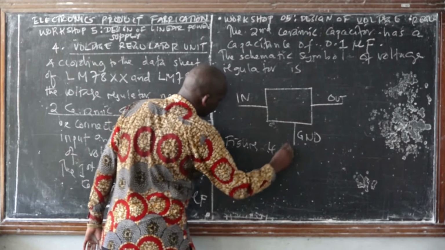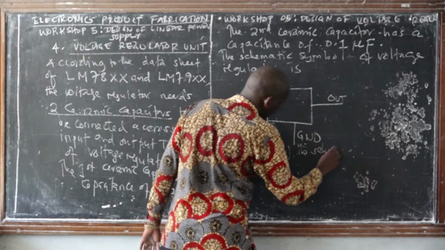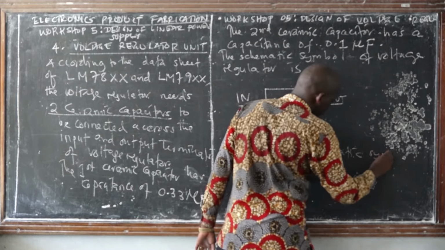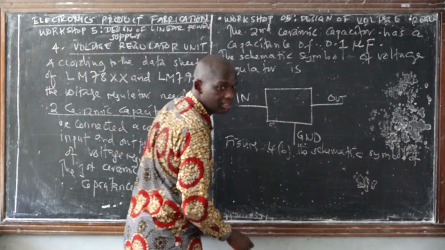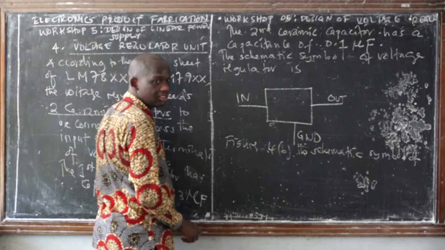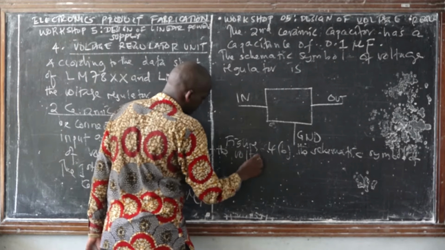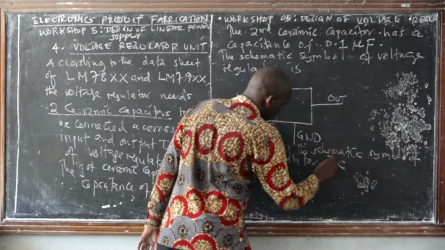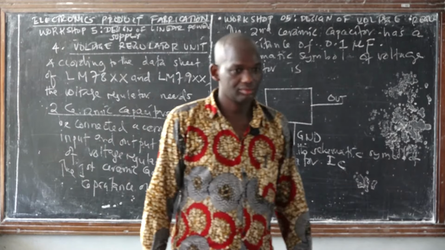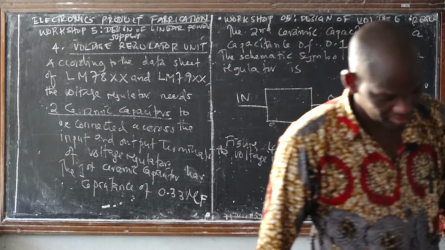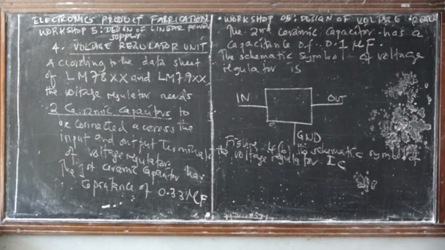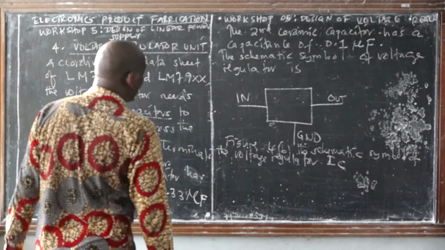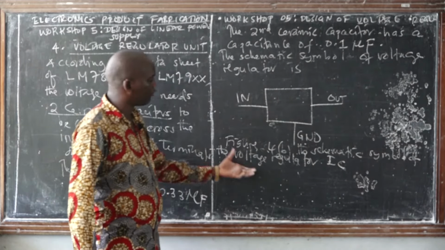So this is figure 4B, the schematic symbol of the voltage regulator IC.